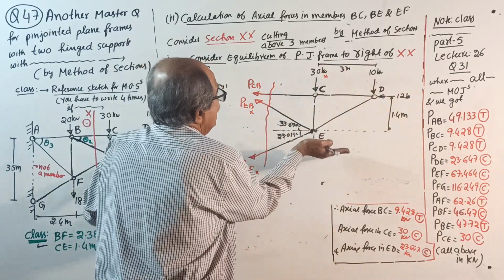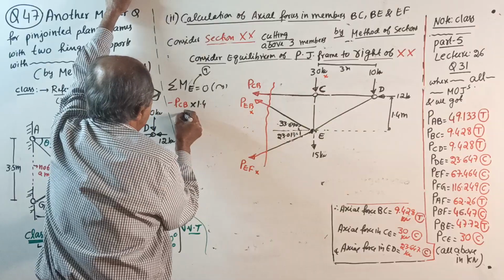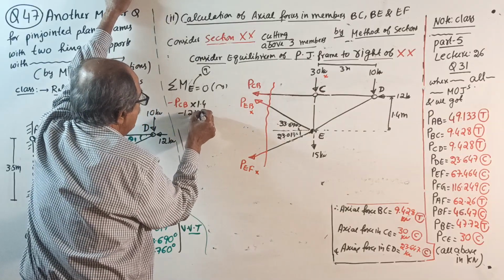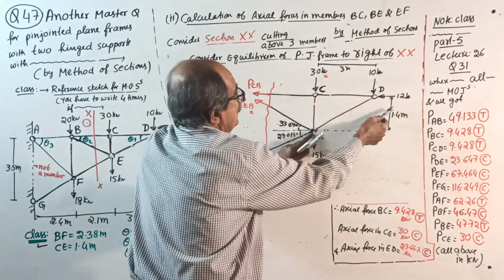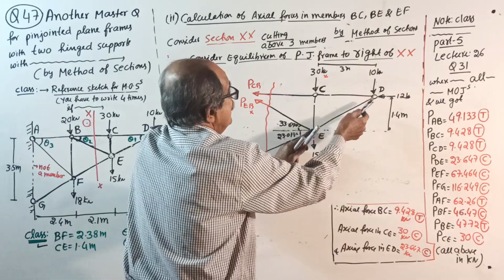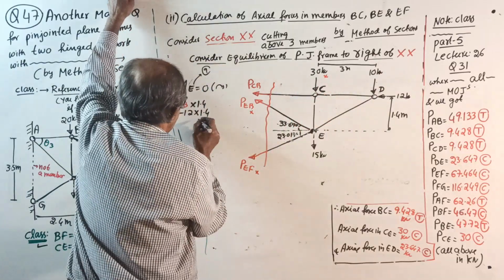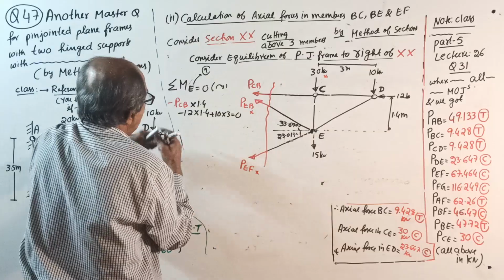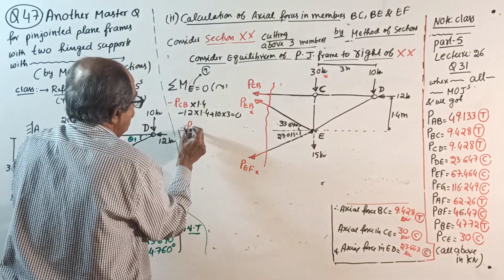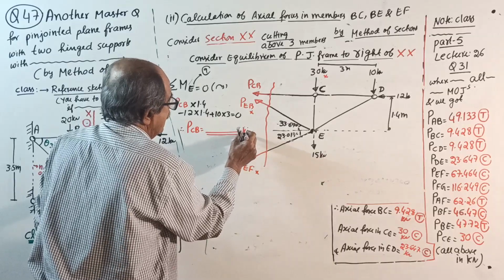So, minus P CB into 1.4, minus 12 into 1.4, plus 10 into 3 equal to 0. Therefore, you get the value of P CB. Correctly calculate P CB in kilonewton.